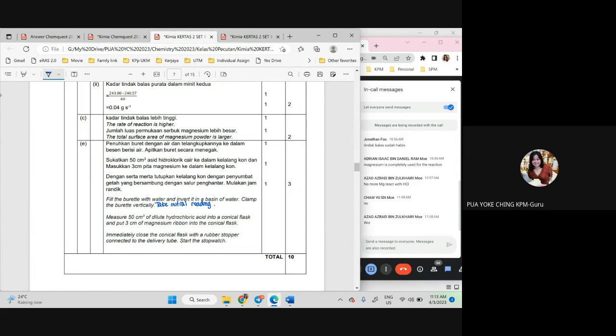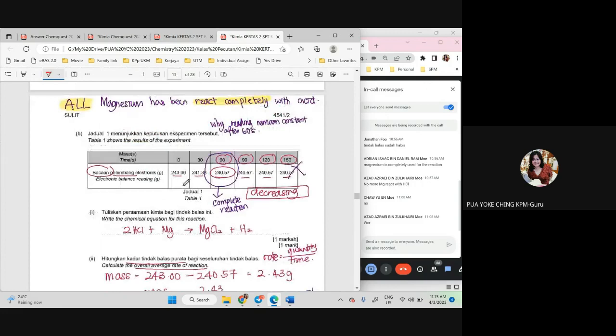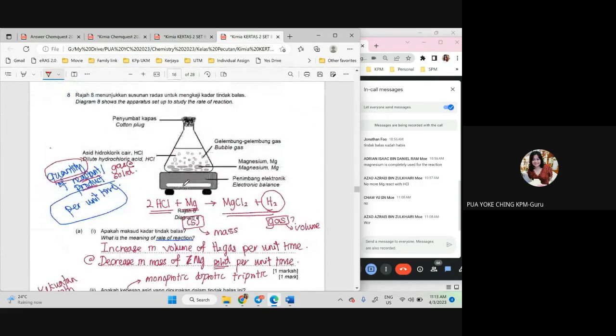And then step 2, sukat asid masuk dalam kon, masukkan pita magnesium. Okay, measured 50 cm³ of dilute hydrochloric acid into a conical flask and put a 3 cm magnesium ribbon. Okay, ini 50 cm, ini 3 cm. Sebab dalam soalan dia tak bagi apa-apa, so you can use any je.